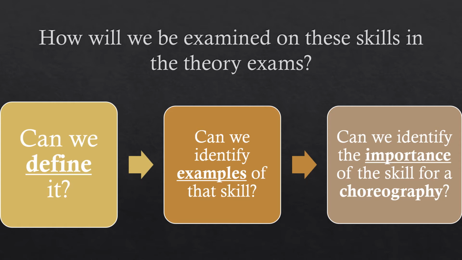So it might ask, how can you develop this motif by changing 2 relationships? And you will have to be able to name 2 relationships and then give examples of how you are using those to develop the motif. Can we identify the importance of that skill for choreography? So in section B, when you're having to talk about your choreography, you might be asked about your technical skills and how you've used these and how these are important.